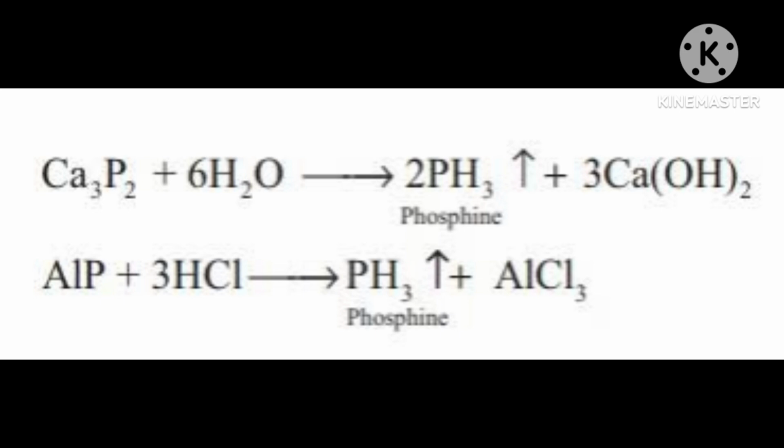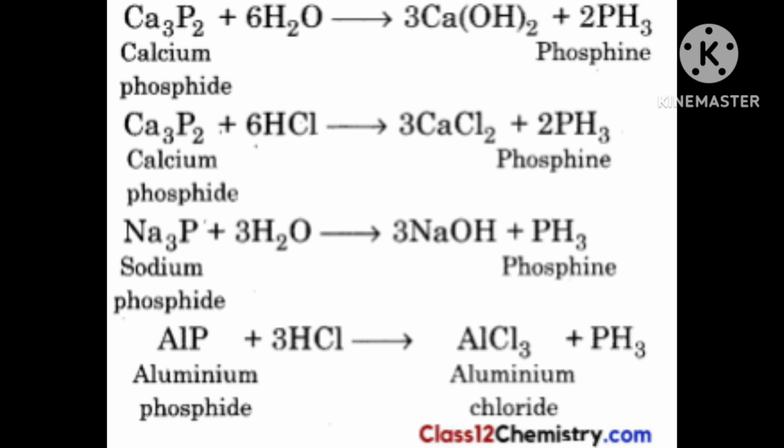Now I am telling about phosphorus pentachloride, PCl5. Phosphorus pentachloride is prepared by the reaction of white phosphorus with excess of dry chlorine. Chlorine must be dry. Then P4 plus 10Cl2 gives 4PCl5. Only one product, directly we get PCl5.